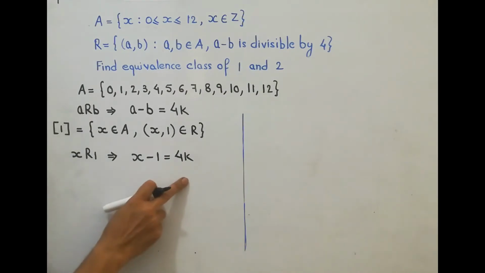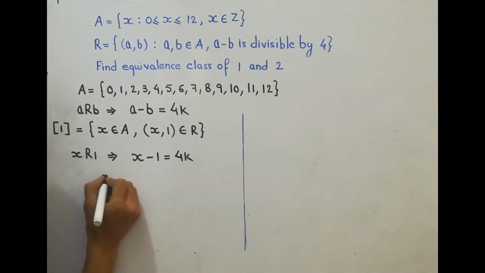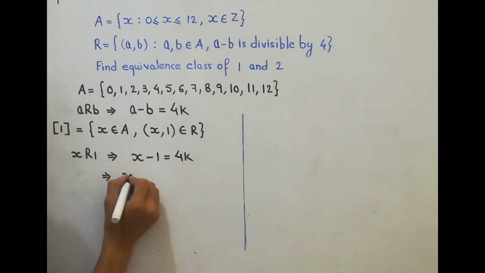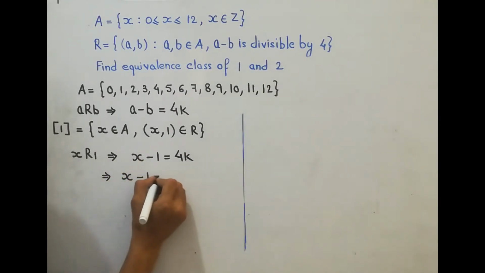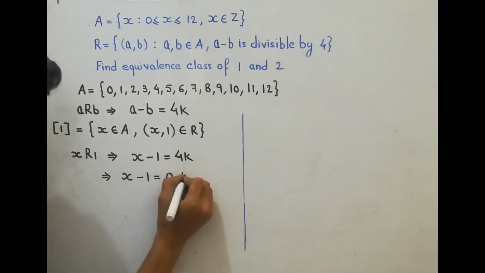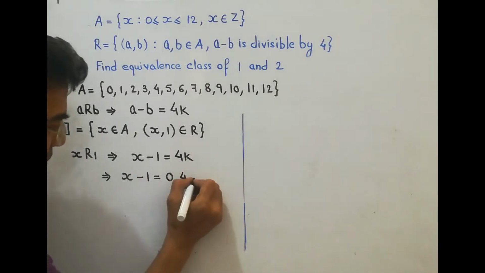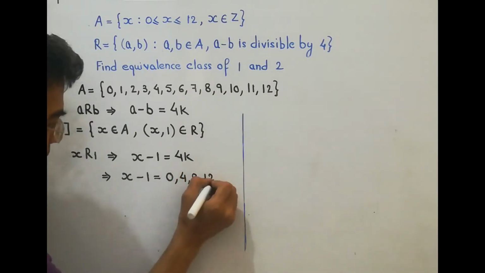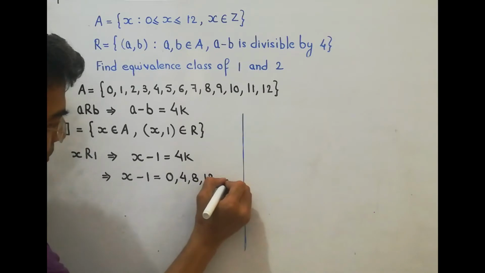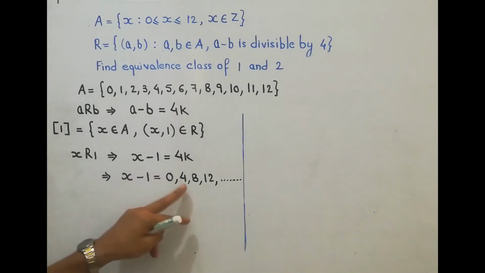Now this is divisible by 4. So can we write it like this? Now see, 0 is divisible by 4. Then you write just the multiples of 4, the numbers which are divisible by 4. Like this. Now solve it for x one by one.